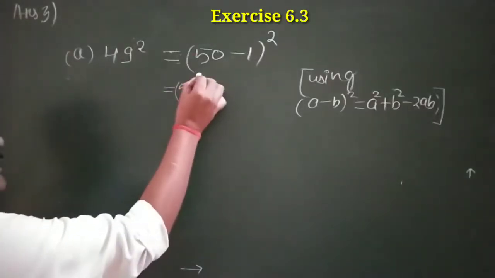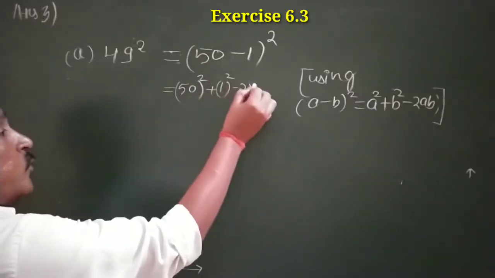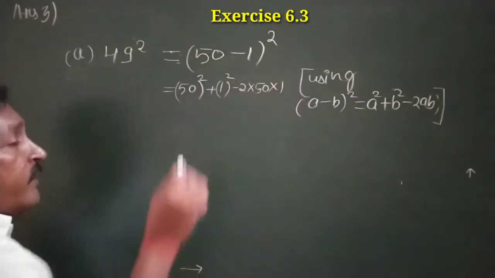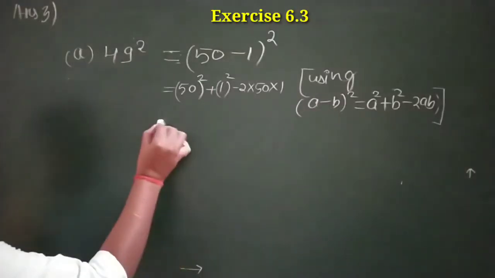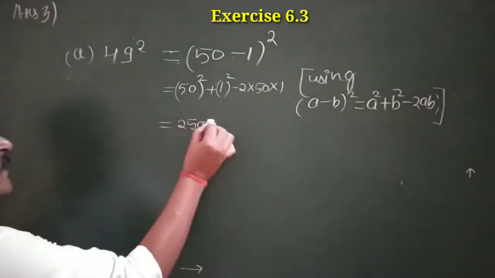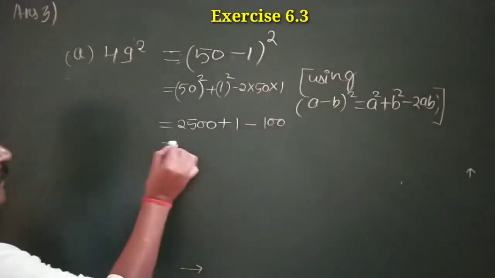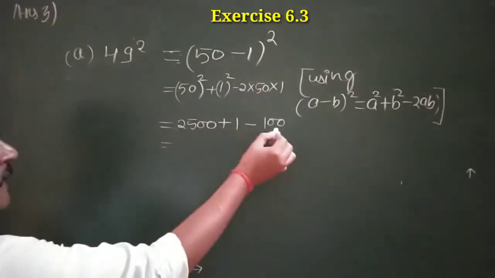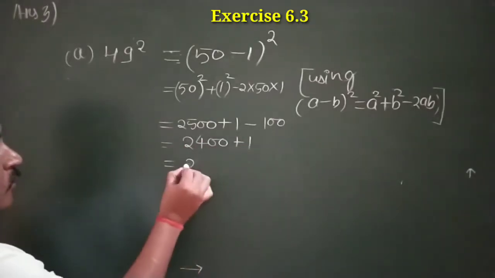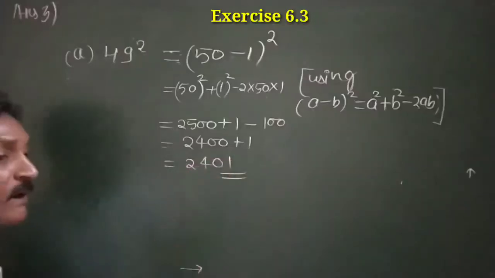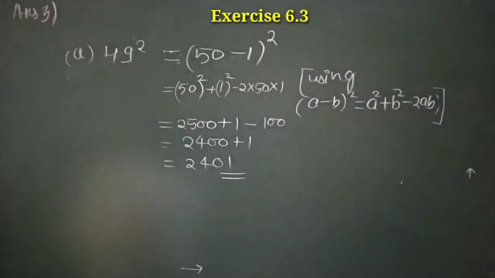We just substitute the values in place of a and b. 50 square is 2500, plus 1, minus 50 into 2, which is 100. 2500 minus 100 gives 2400, plus 1, so 2401 is our needed answer. In this way you have to do it. Note it.